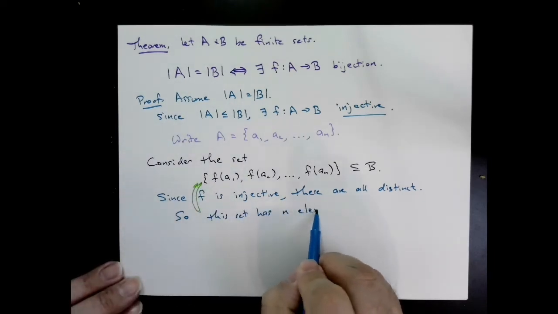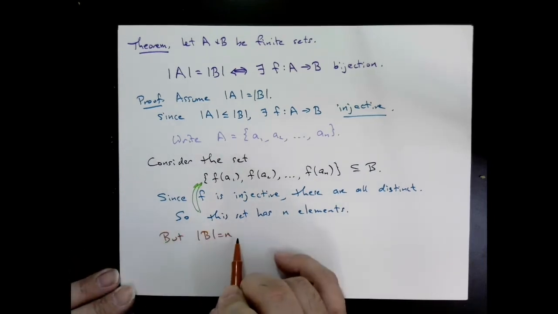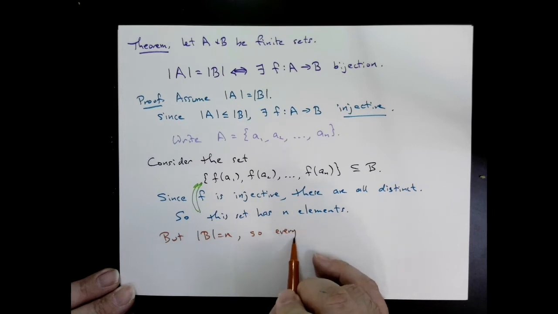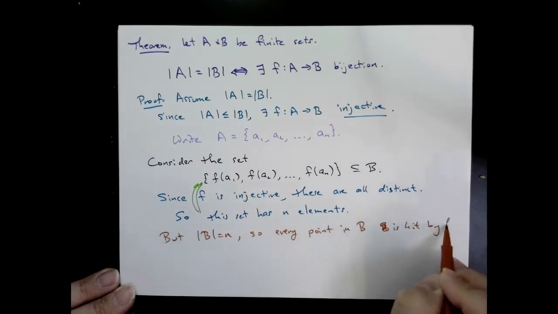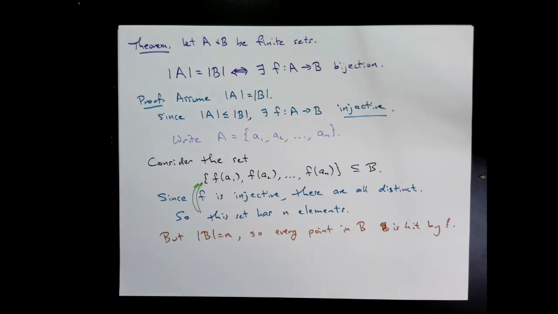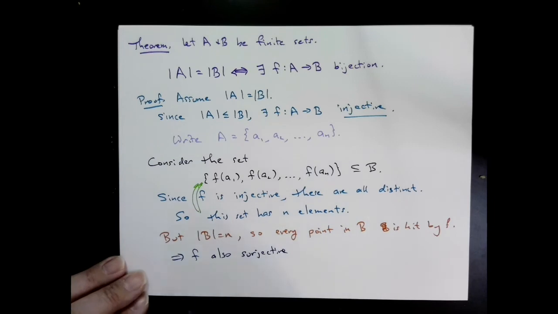Because f is injective, these points are all distinct. If these are all distinct, then we have obtained n different elements of B, and by assumption, B has exactly n elements. So this function is also a surjection. Therefore, it is a bijection.